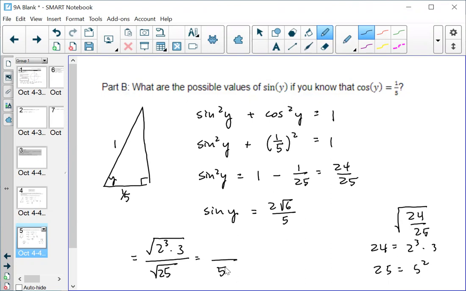The denominator is 5. That's easy to see. But if we simplify the radical, we end up with the 2, and then 2 times 3 or 6 under the radical. So that's how we get the 2 root 6 over 5. Now on to the next screen.